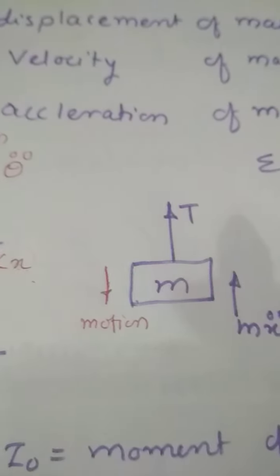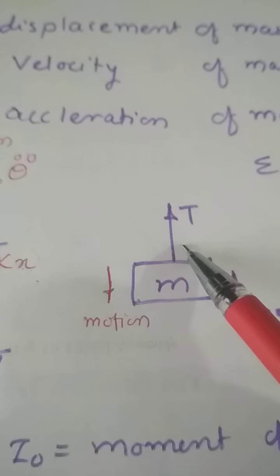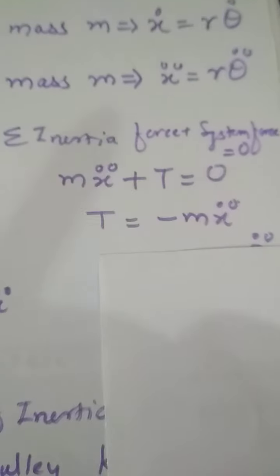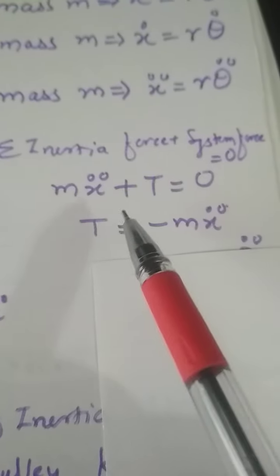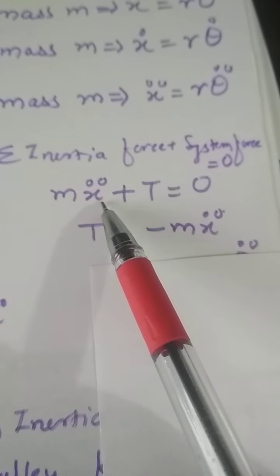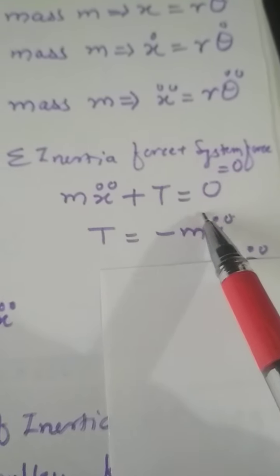So we will take the summation of inertia force and the system force. Inertia force plus system force is equal to 0. m x double dot plus T equals 0.